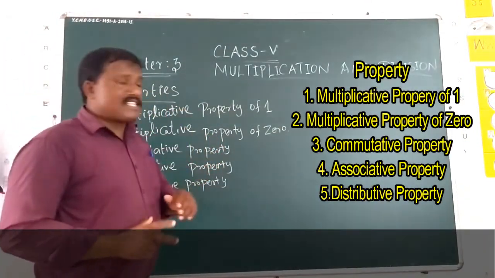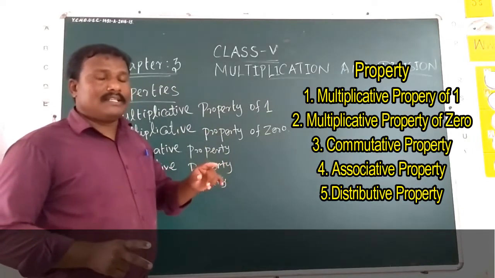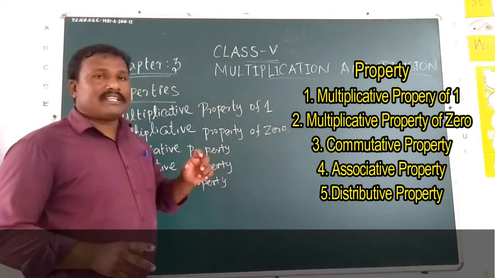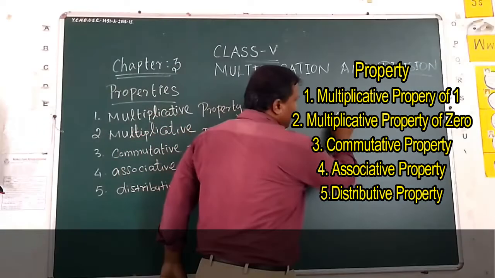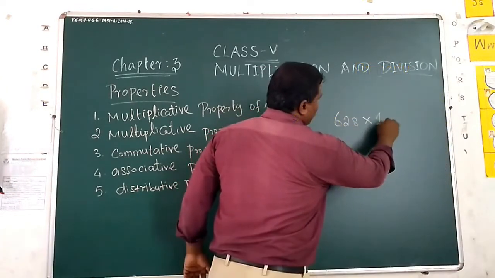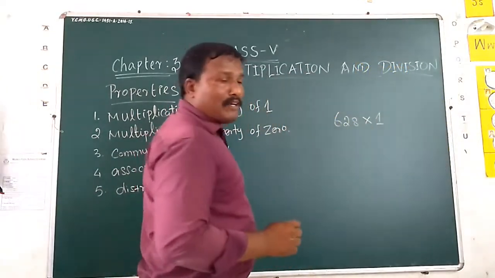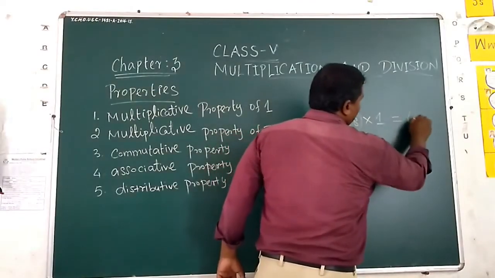This property says that when you multiply any number by 1, the result, which means the product, is the number itself. Example, if I multiply 628 by 1, the result is the number itself.